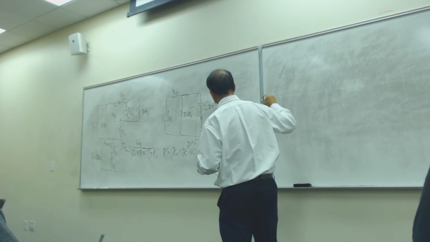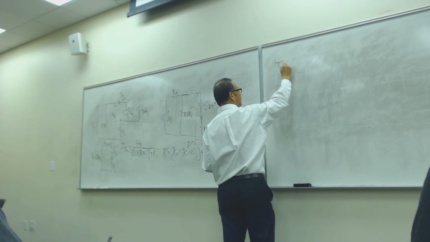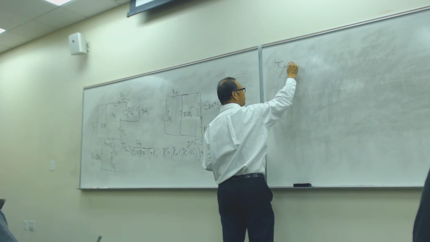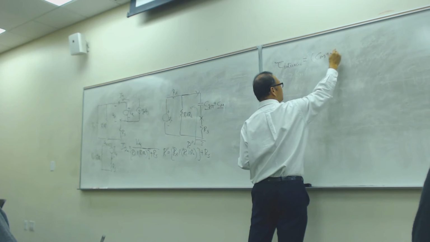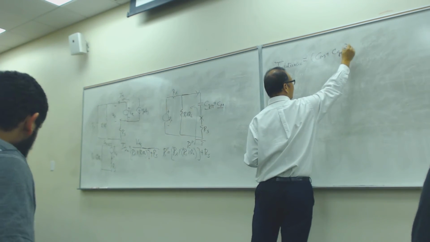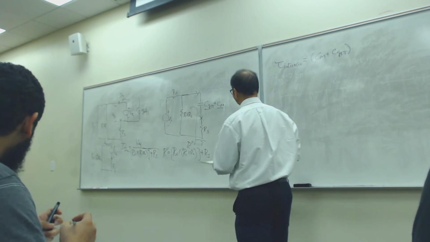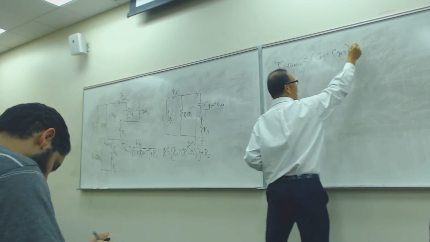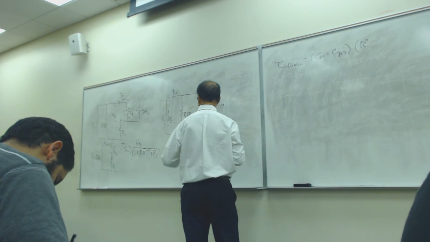Okay. So basically, the tau associated with the intrinsic is equal to C sub n plus CGST times what? R prime on to the left, correct?